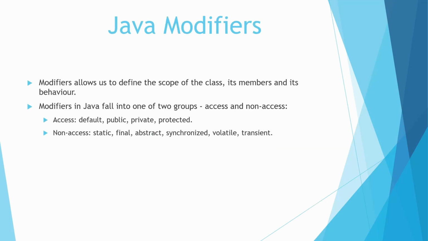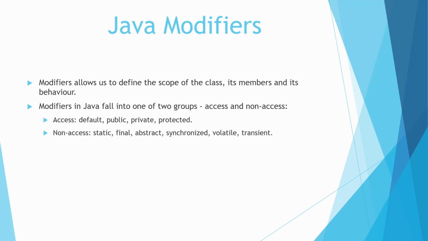Now let's see Java modifiers. Modifiers basically allow us to define the scope of the class, its members, variables, methods, constructors, classes, interfaces. Whatever you define in Java has an access modifier: basically default, public, private or protected. So what is default?